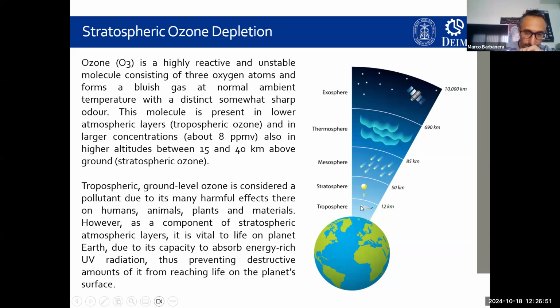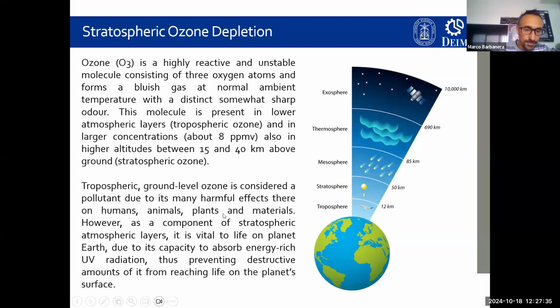So it's important to decrease the ozone concentration in the troposphere, and it's important to increase the ozone concentration in the stratosphere. According to this situation, we can have two different impact categories: one referred to the stratospheric ozone, and one referred to the tropospheric ozone.